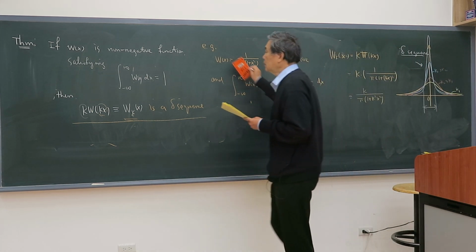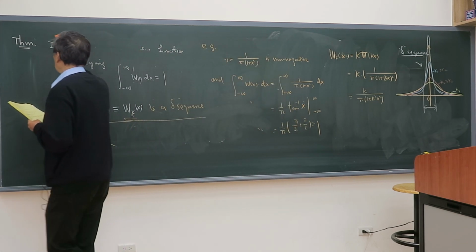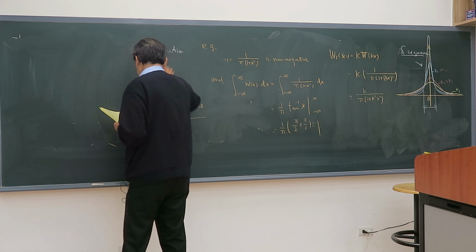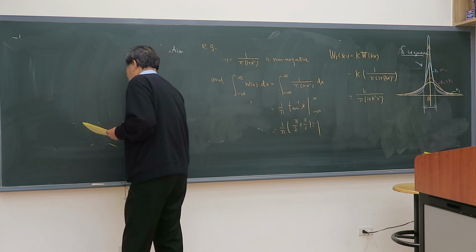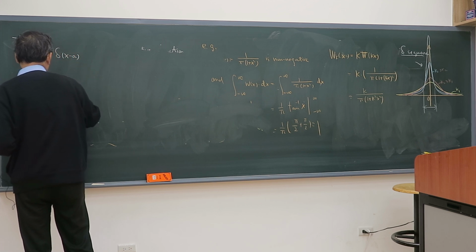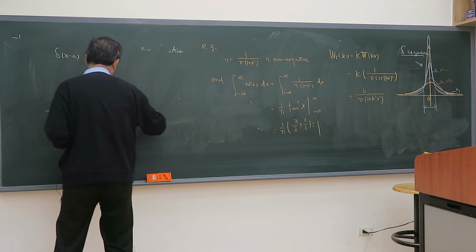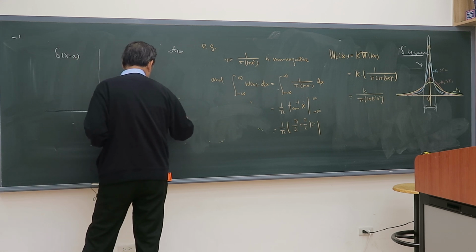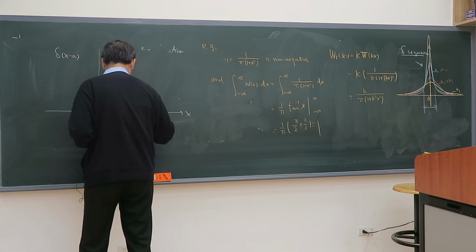Then here, the delta function of x minus a, this is 0 on this axis, and this is a.